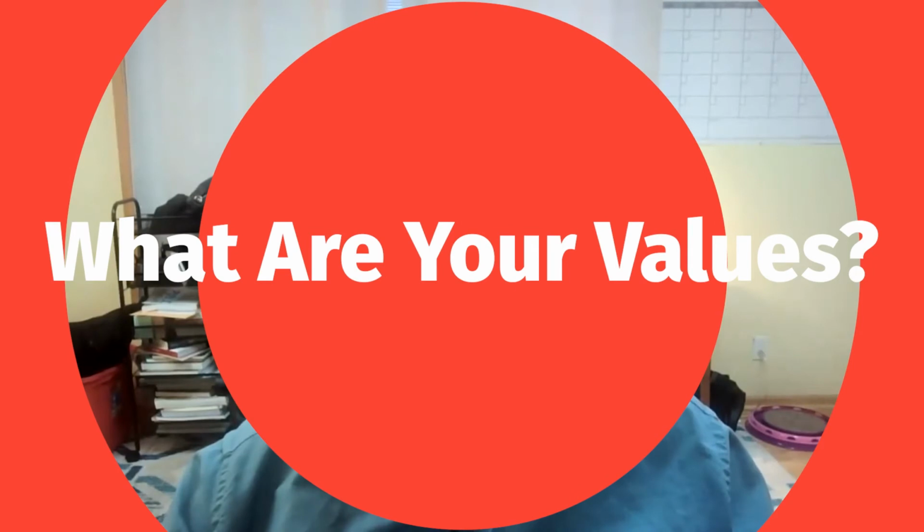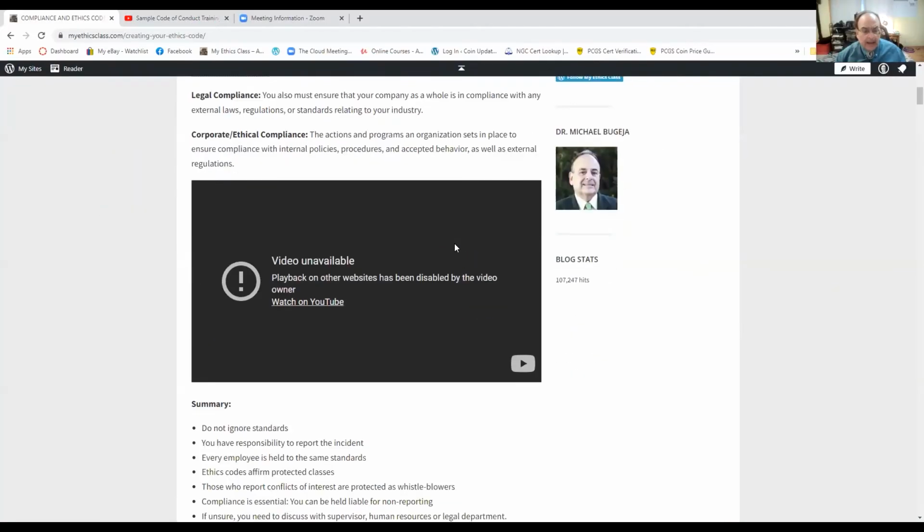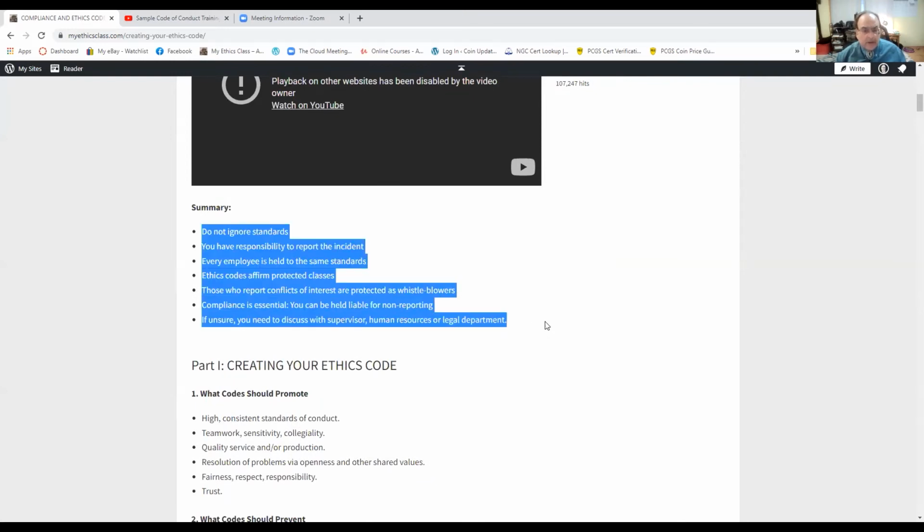So we're going to go back to this lesson over here, and these are summaries of ethics codes. Do not ignore standards. You have a responsibility to report any incident that violates the code. Every employee should be held to the same standards. Ethics codes affirm protected classes. That's the 1964 protected class, civil rights protected class law.